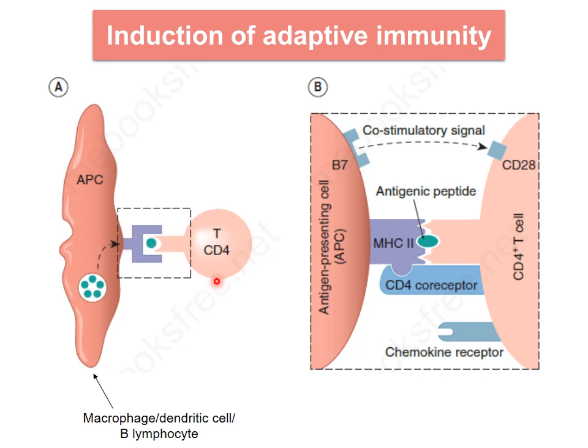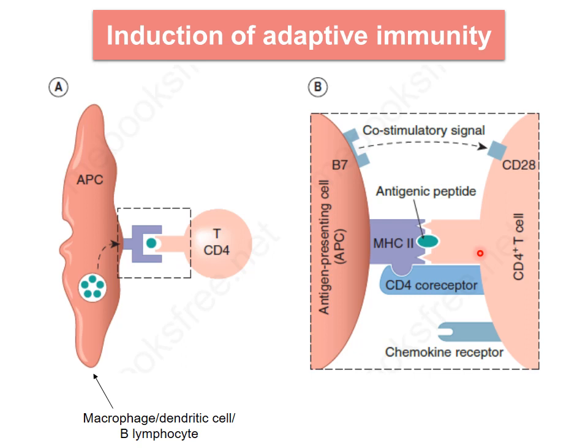At least two signals are necessary for the activation of T cell. This is an exaggerated image of this engagement of APC with the T cell. For the activation of the T cell, at least two signals from the APCs are required. The first signal is engagement of the MHC peptide complex with the T cell receptor.